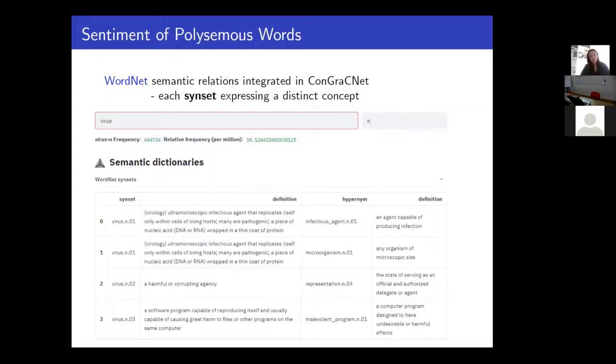Here, what we have integrated already in the Congrazinet application is just the listing of WordNet synsets. So that is the meanings. When you type in the word you want to explore, you will immediately see in our application the listing of the synsets, which express distinct concepts that this word can have.